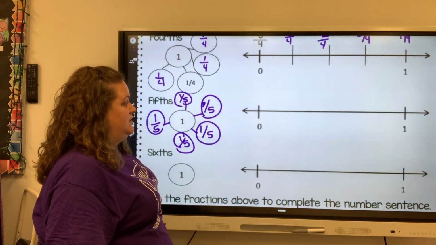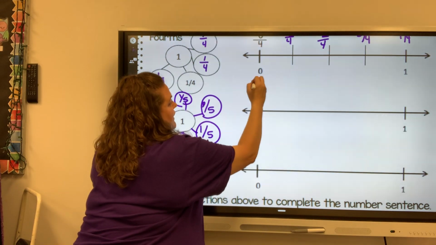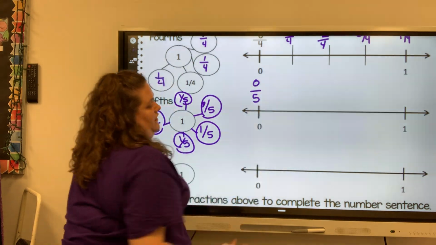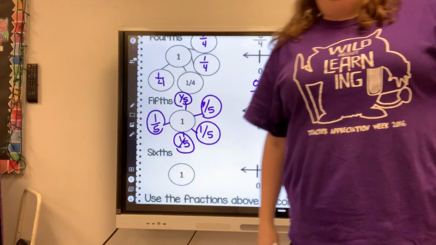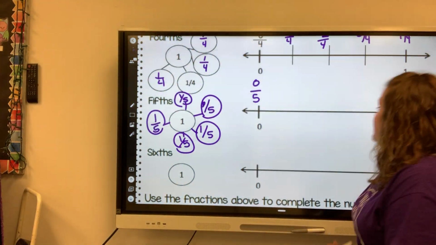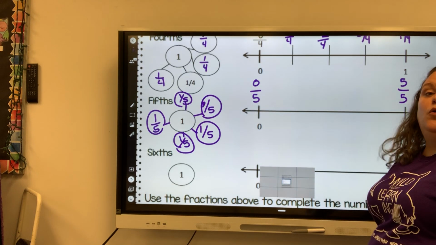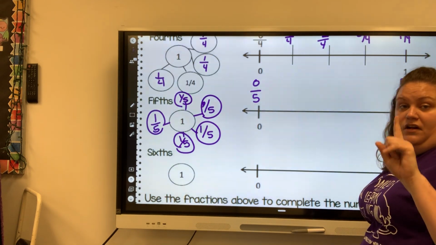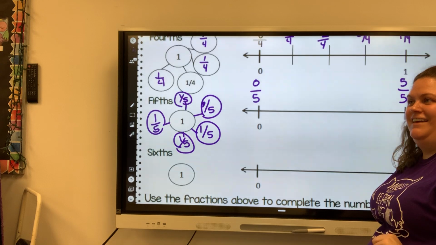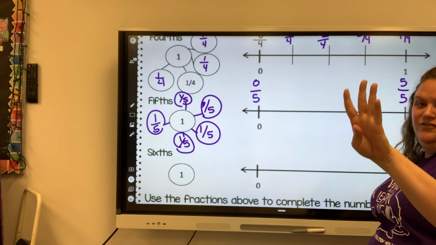So we have 5. This is going to be 0/5. And we're going to come over here and do this one, and it's going to be 1 equals the total number of pieces we have over the total number of pieces we are dealing with, which would equal 1.